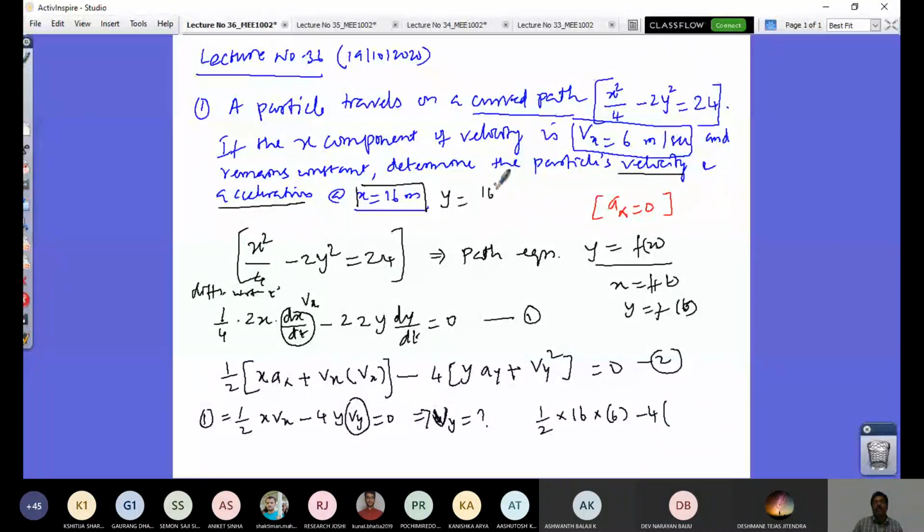That solves for y equals 4.472 meters. So when x is equal to 16, y is this value. I will substitute that here, 4.472 into vy equals 0, that solves for vy.